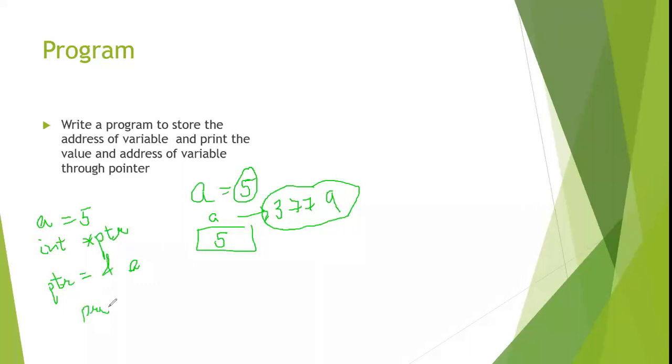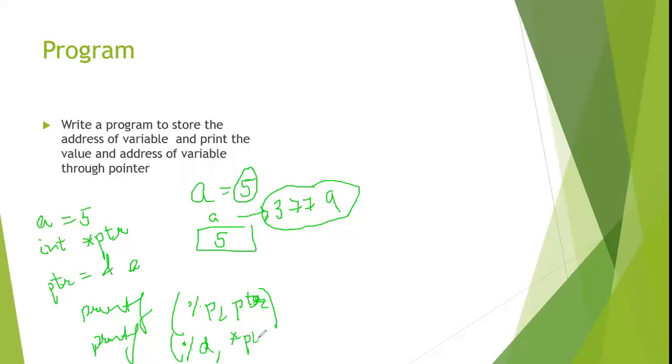And then I say printf percentage p pointer. This is for printing the address. And then I say printf percentage d, this is for printing the value of the variable whose ptr is pointing. So it will return you 3779 and this will return you 5. Okay. This is how you need to make a program.